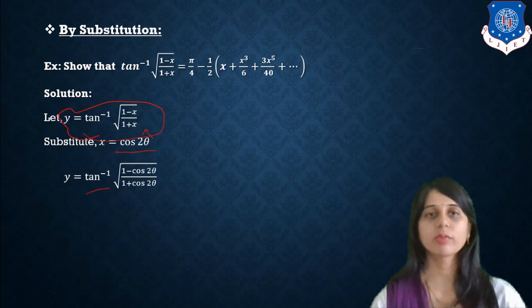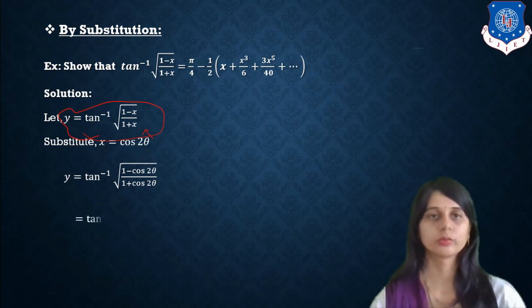Tan inverse under root 1 minus cos theta by 1 plus cos theta. We are using here the substitution method of the integration. y equal to tan inverse under root 1 minus cos 2 theta and 1 plus cos 2 theta.